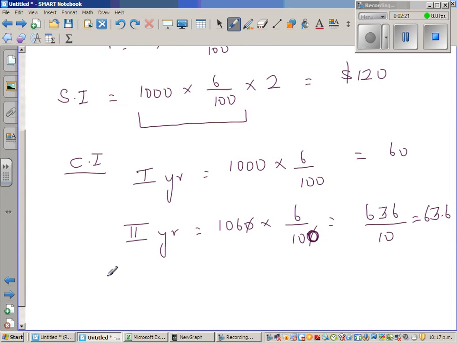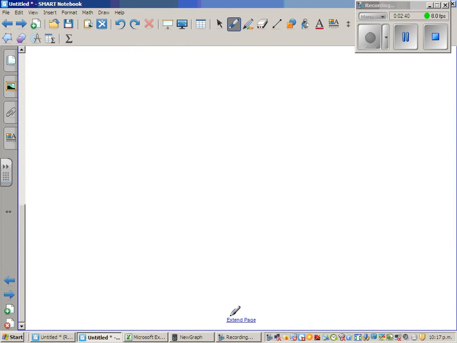So the total compound interest is 60 for the first year plus 63.6 for the second year, which is 123.6 for 2 years.